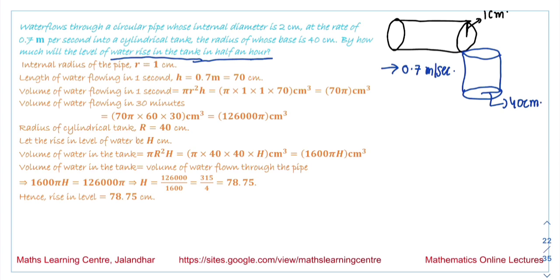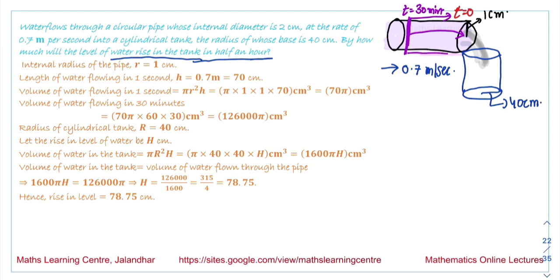Suppose at any instant of time, when the time t is equal to 0, this tank is completely empty. The water is there in this pipe up to this point over here. We start our clock, and the water has started flowing in this tank. So at the time t is equal to 30 minutes, the water which was present at this point when t is equal to 0 will reach up to this point.